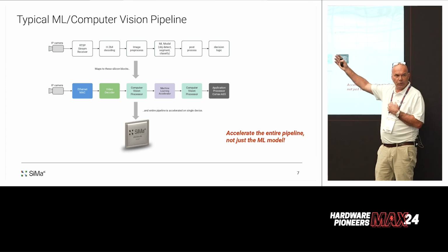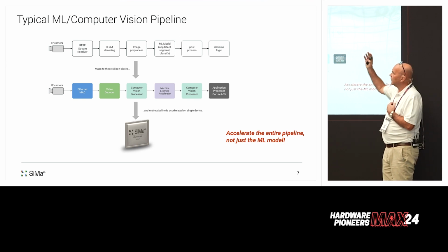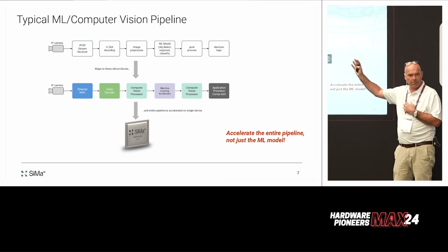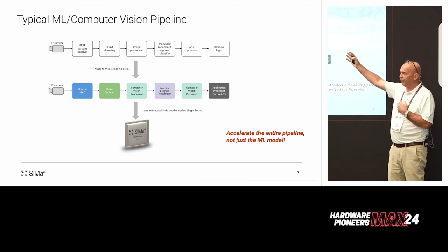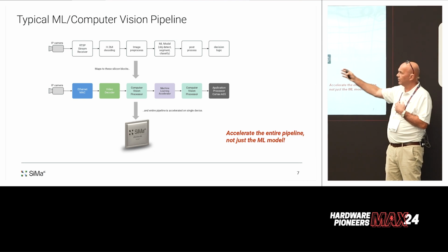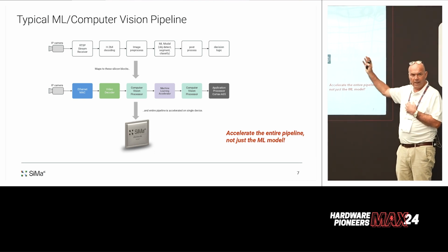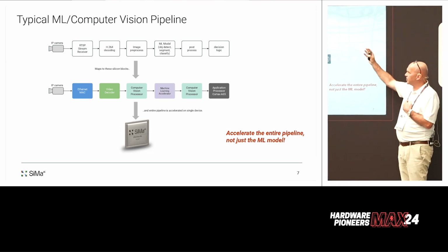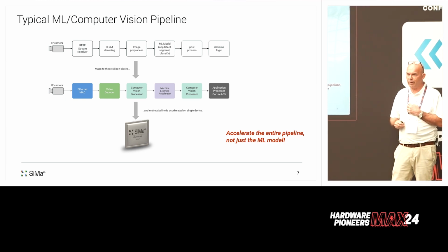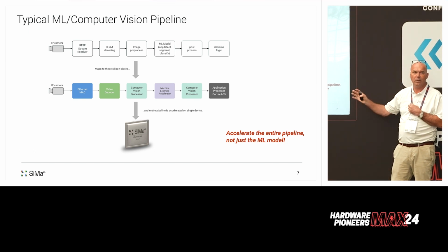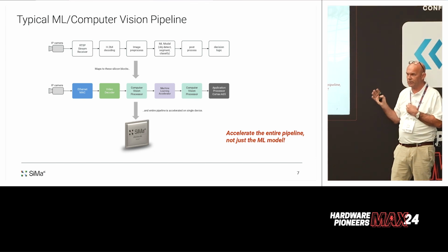The H.264 decoding maps to our codec. The image preprocessing maps to the vision processor. The machine learning model inference maps to our accelerator. Post-processing maps to the vision processor. And the decision logic maps to our generic Cortex A65 processors. So the pipeline is mapping to the silicon, and that is why we made the silicon in this way with the different heterogeneous processes.